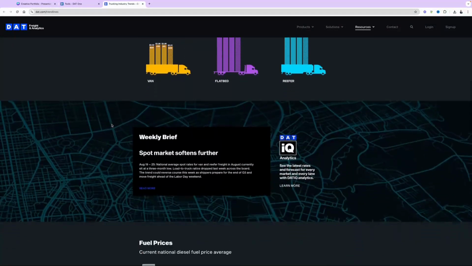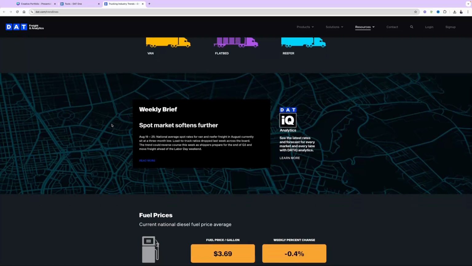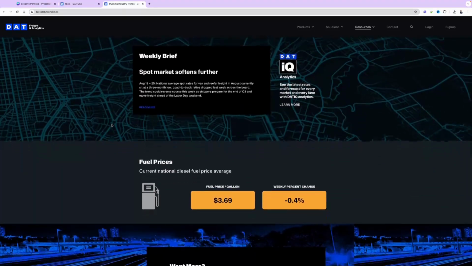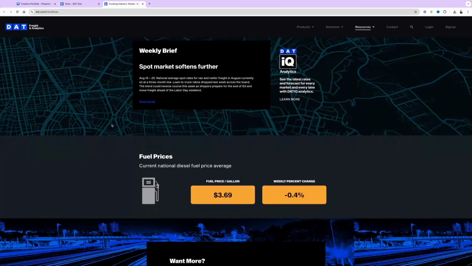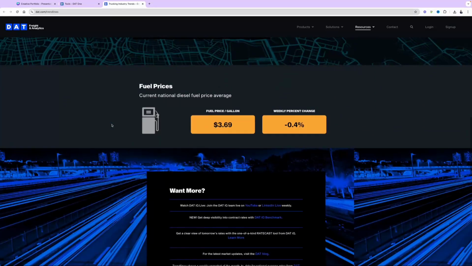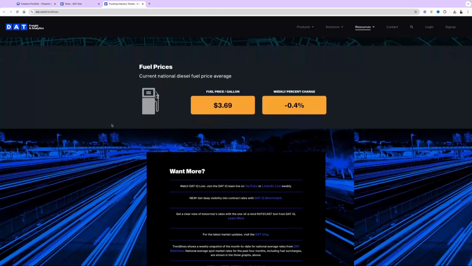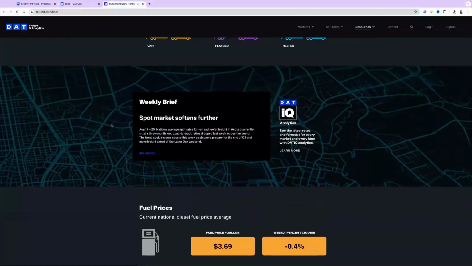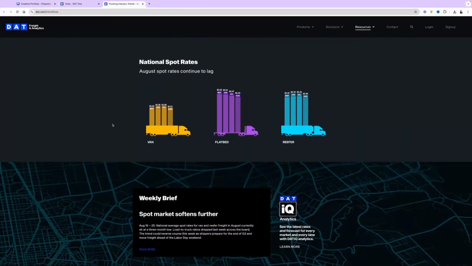Whether you are looking to optimize your pricing, meaning rate per mile, position your fleet more effectively, or simply stay ahead of market conditions, DAT trend lines gives you the data-driven insights you need to stay competitive. And again, remember, we are becoming a data-driven dispatcher.